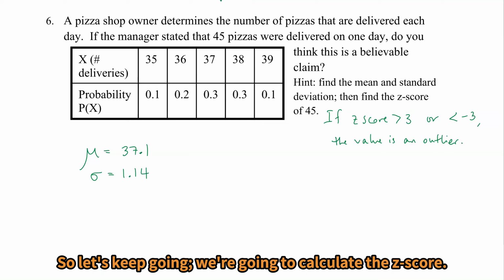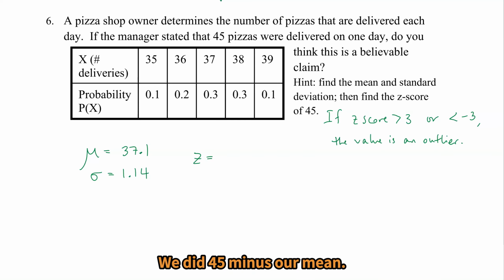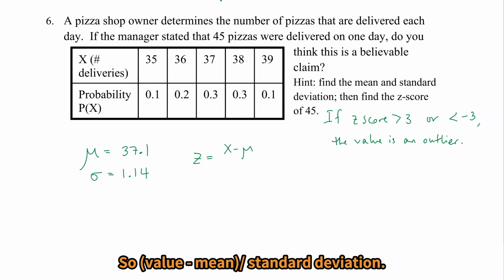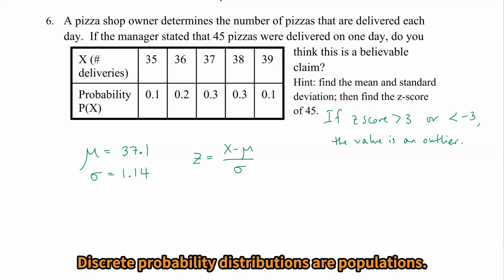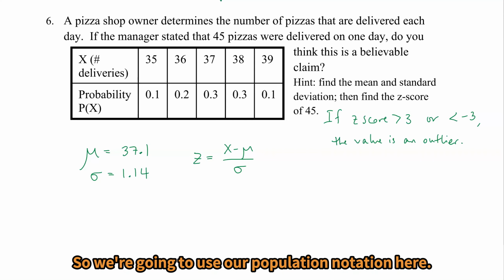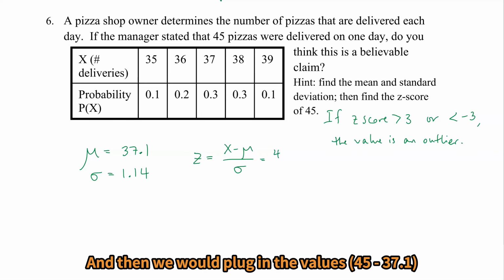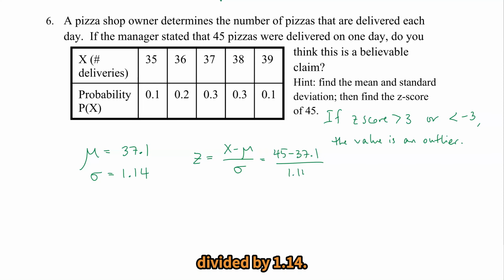So let's keep going. We're going to calculate the z-score. We did 45 minus our mean. Oh, let's put the formula in. So value minus mean over standard deviation. Discrete probability distributions are populations, so we're going to use our population notation here. And then we would plug in the values, 45 minus 37.1 divided by 1.14.